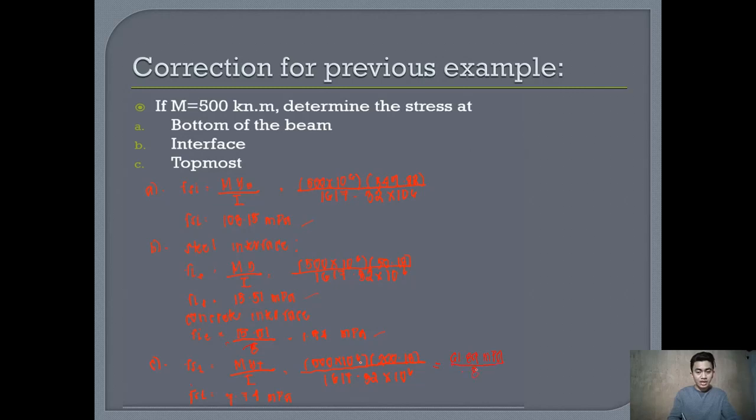So 61.89 divided by 8 will give us a final answer of 7.74 megapascal. That is one of the corrections from our previous example for composite beams.